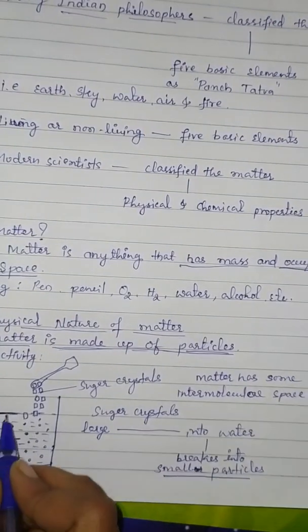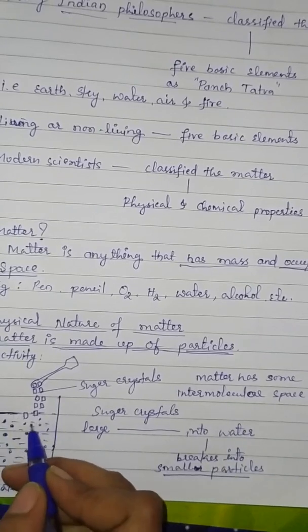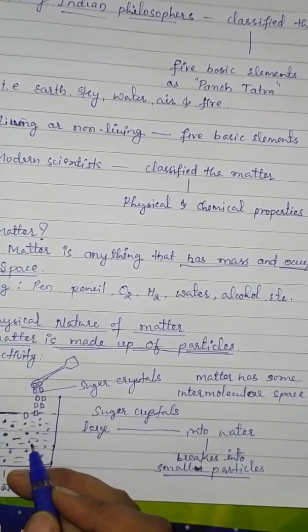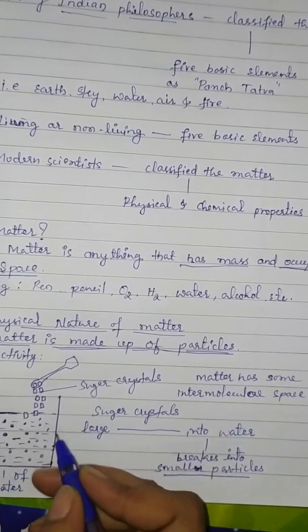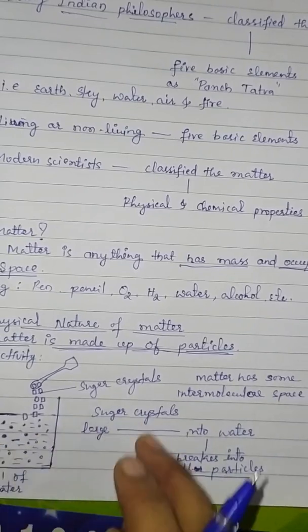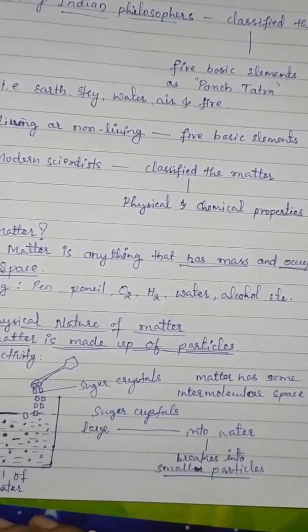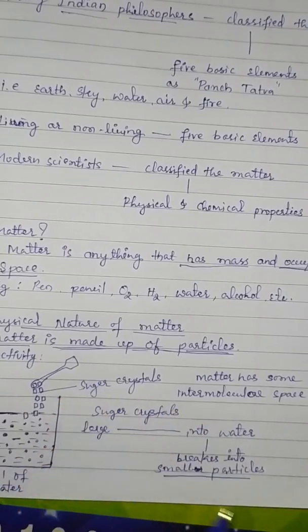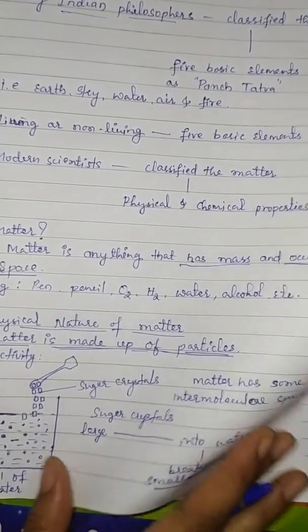Here in this beaker we have taken the water. To this water we are adding the sugar crystals. Dissolved sugar crystals will occupy the spaces between the water molecules. So from this activity we can conclude that water is made up of particles.